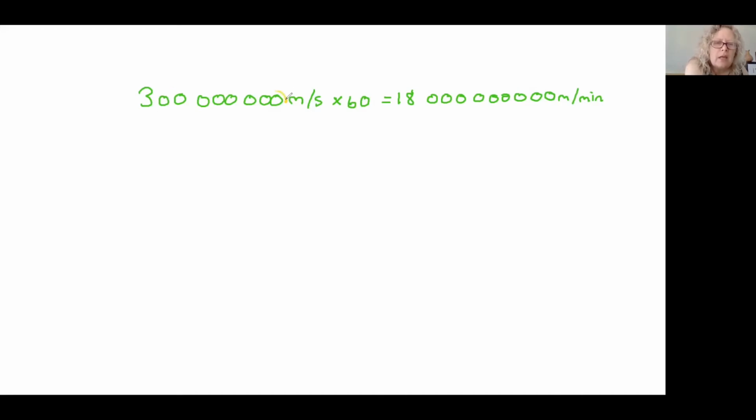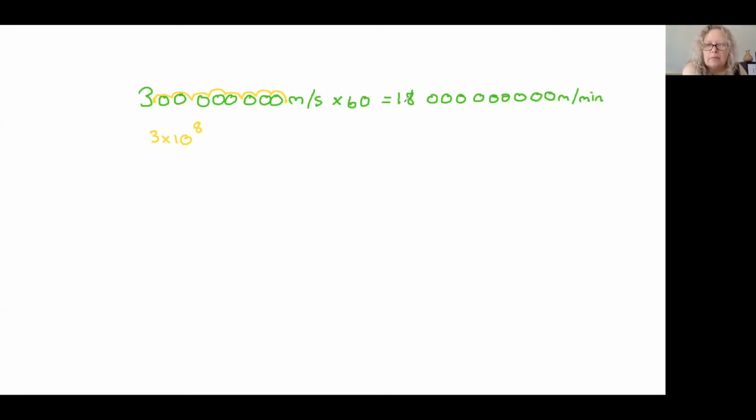So we roll back here, 1, 2, 3, 4, 5, 6, 7, 8 places, and the decimal point goes there. So it's 3 times 10 to the power of 8, because 8 is how many spaces we moved our decimal point back, how many zeros there are in that number.